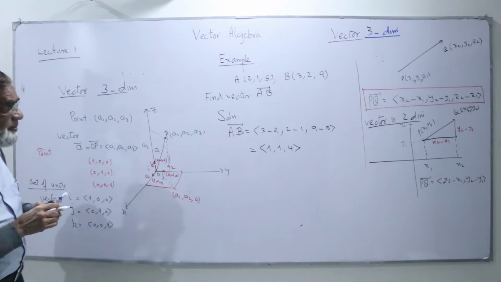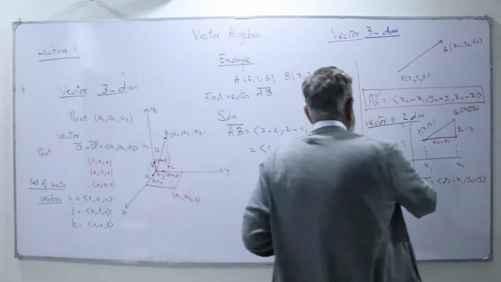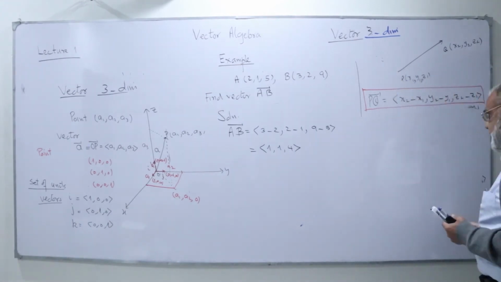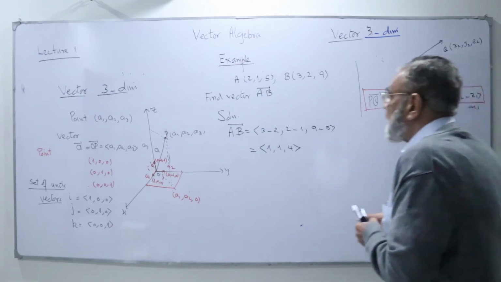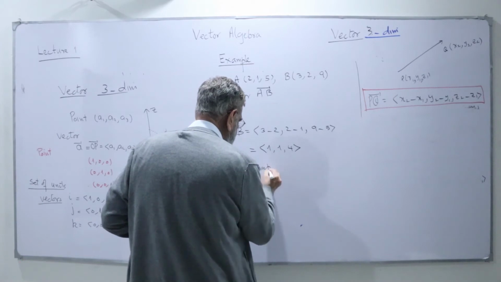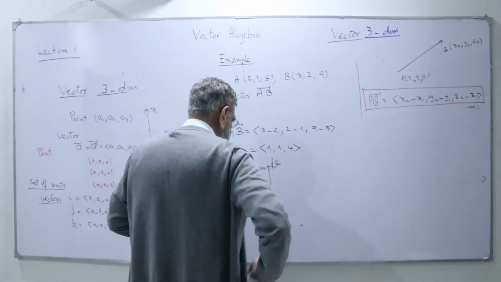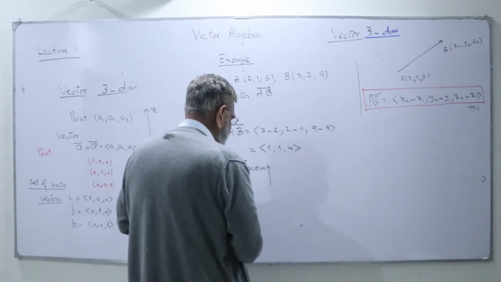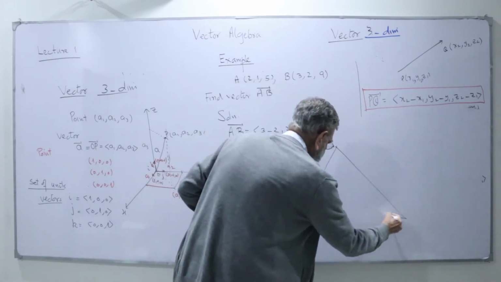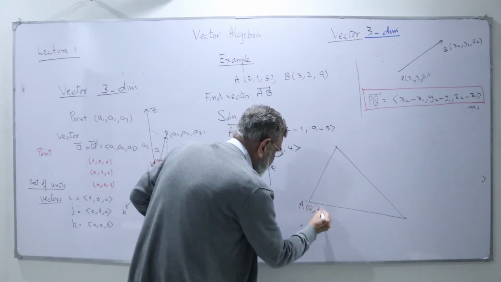We take an example where we have a triangle, and for that triangle I want to find the sides of the triangle in terms of vectors. This is my next example. We are given the triangle ABC. This is my A, vector 0, 1, 5.